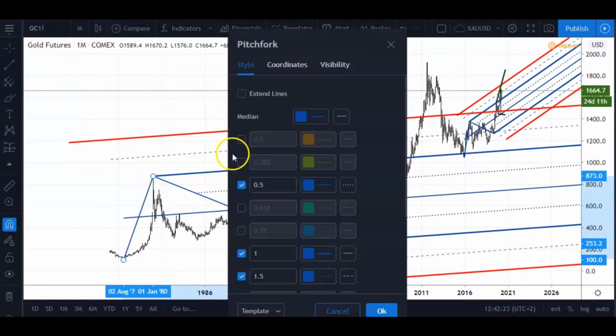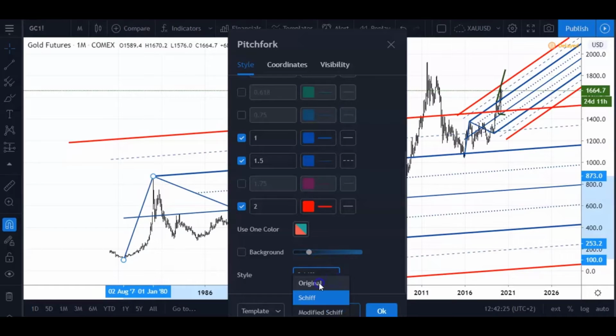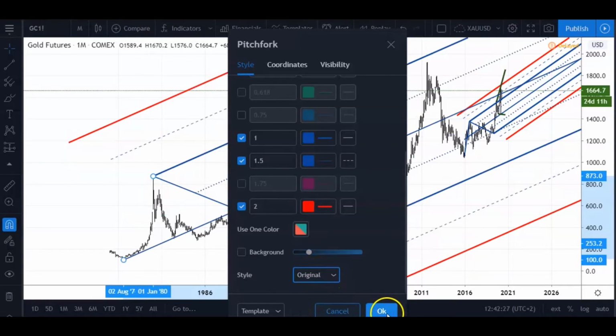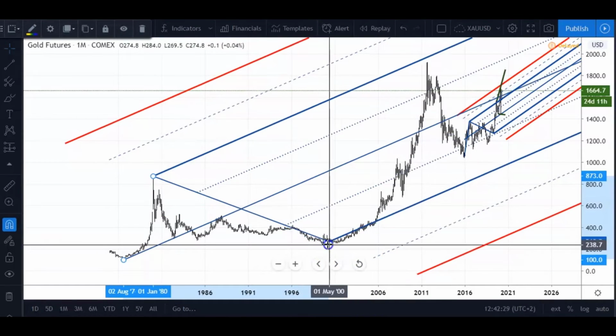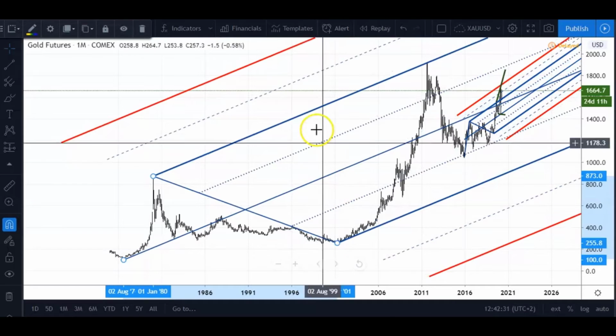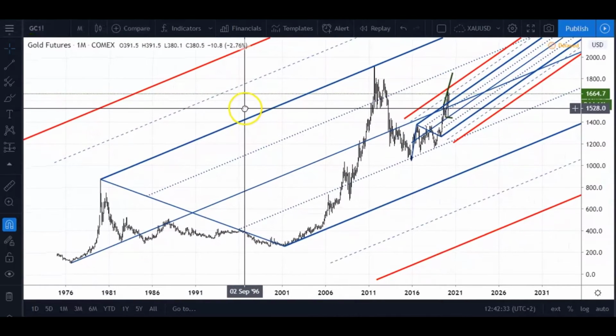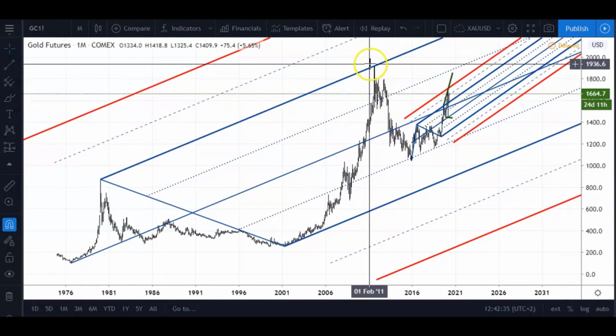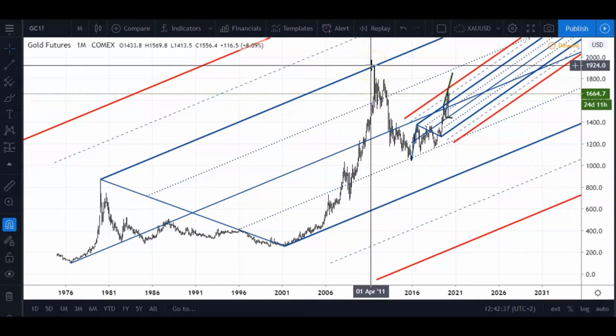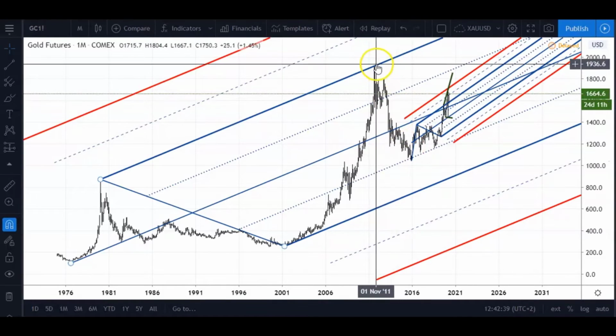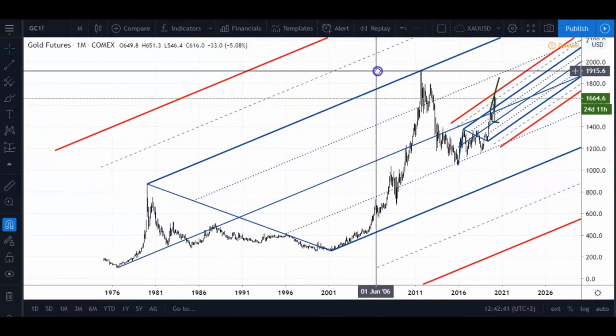And sorry guys, I got that on the wrong setting. Actually, I want to use this low here because I've been testing a few different lows, and you'll see that price reached this upper median line and came down. That was that all-time high that we've had.